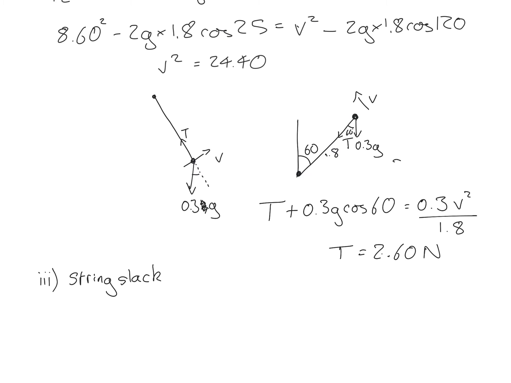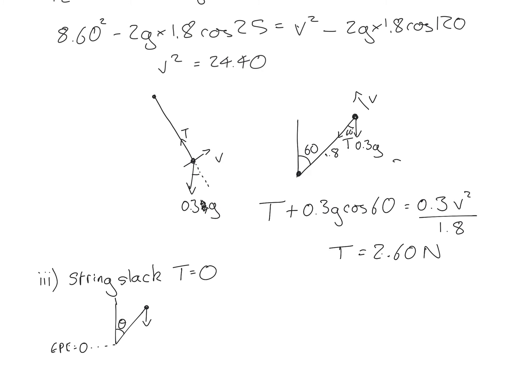We're going to call our theta, we're going to have it up here because I think that's slightly nicer. Now we're going to have GPE equal to 0 here, and then this is this theta. When it becomes slack, T equals 0.